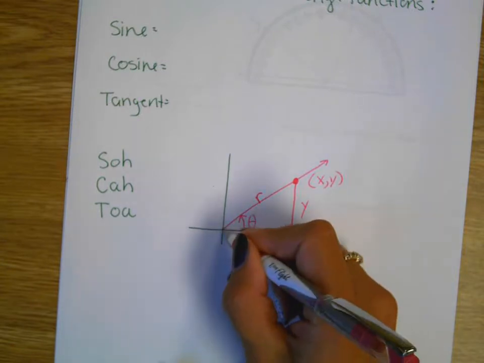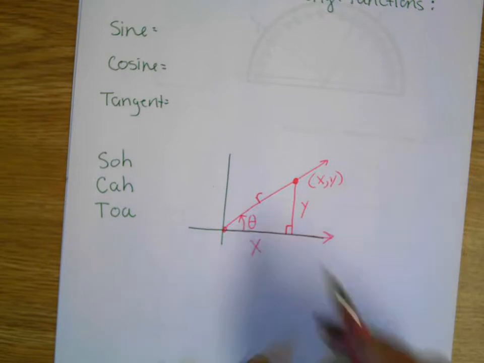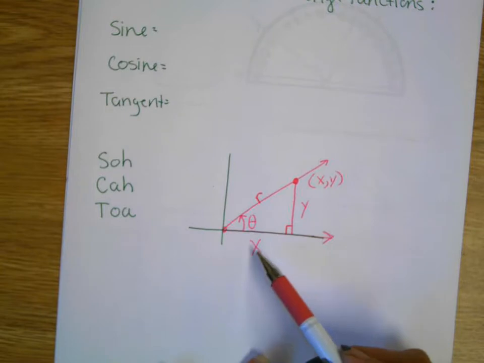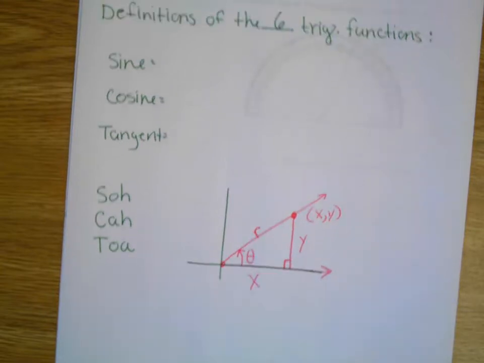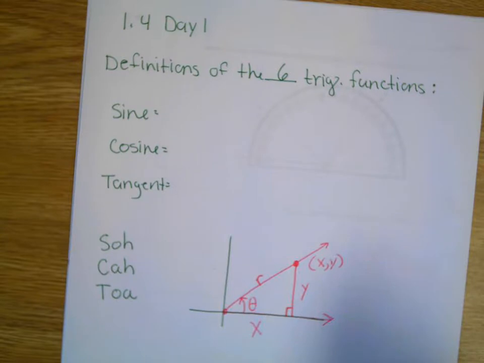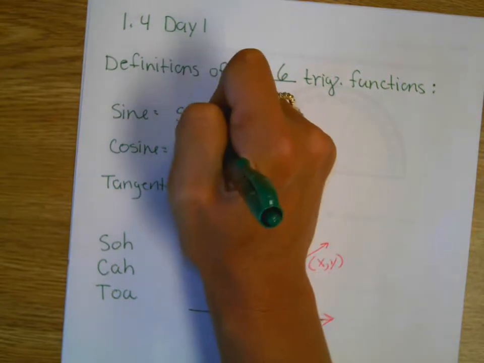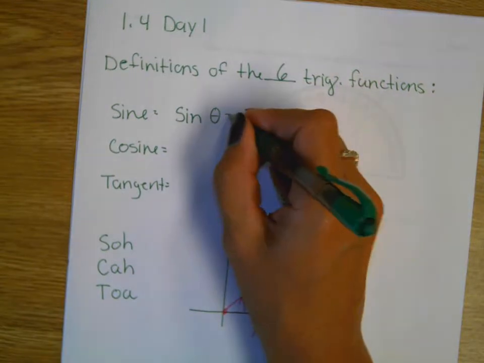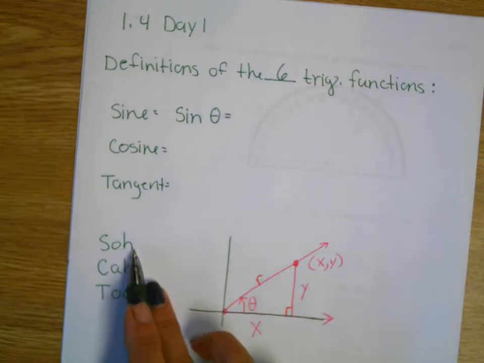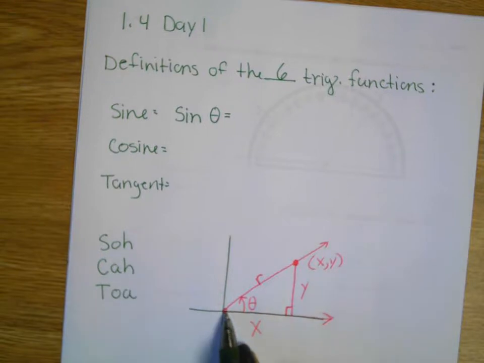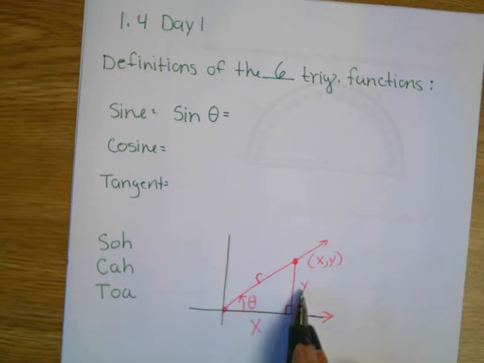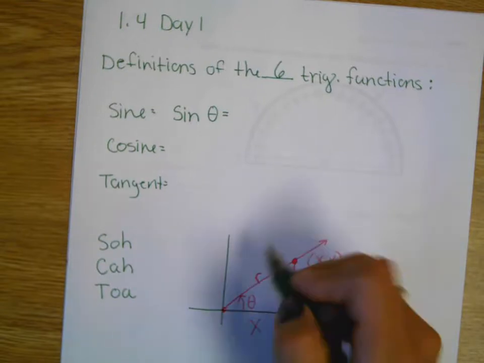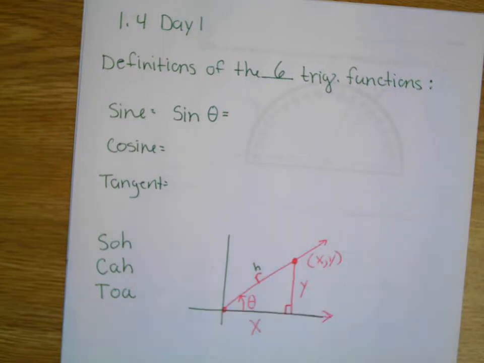We are always going to be standing at the origin at theta. Now we're going to go back up and give our SOHCAHTOA definitions with x, y, and r, using our abbreviations. What was the abbreviation for sine? SIN. The sine ratio standing on theta is still opposite over hypotenuse, but what's sitting on the opposite side of my triangle? A y. And what's sitting on the hypotenuse? R. Put a little h there if it helps you.